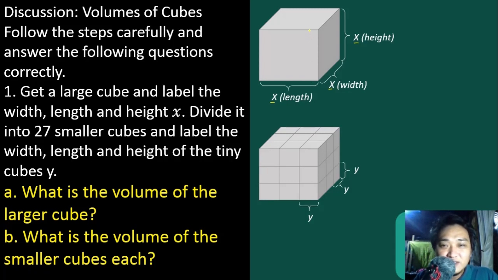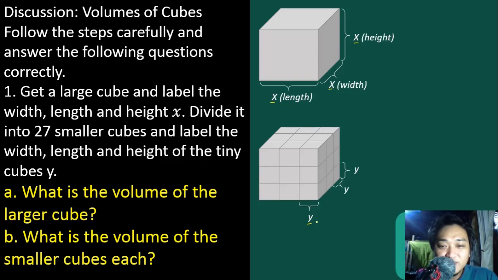Now, let us try to divide this larger cube into 27 smaller cubes. So, hati-hatiin natin parang cake. Hati-hatiin natin ng ganyan. Tapos, kunin natin yung isang cube. And then, let us denote the length, the width, and the height of each small cube y.